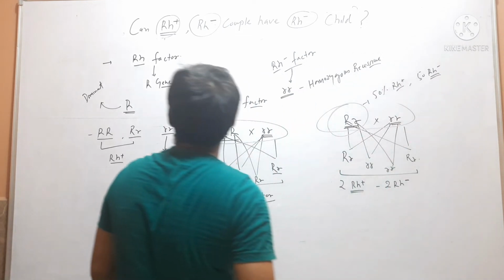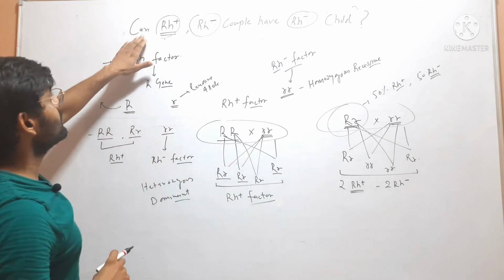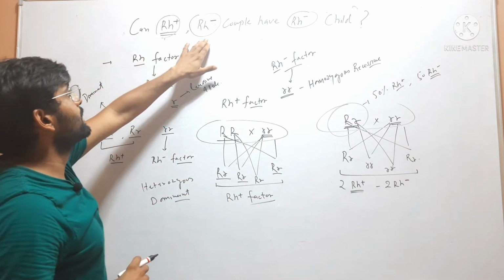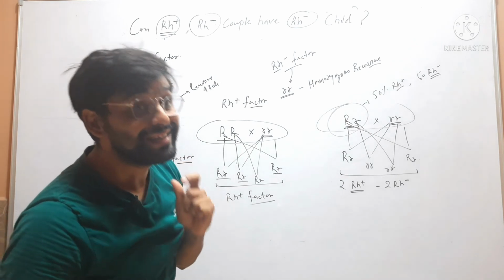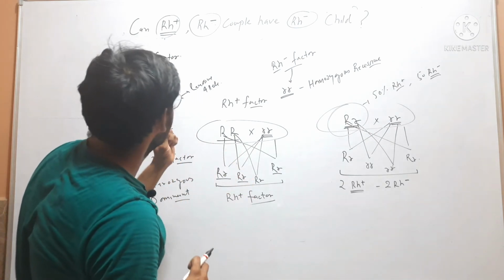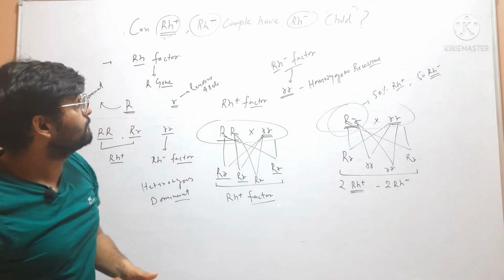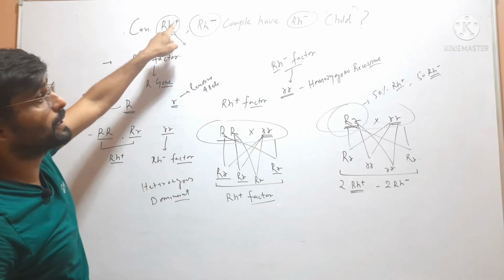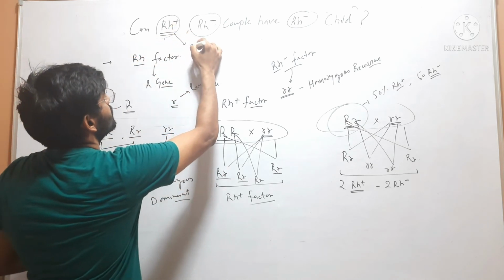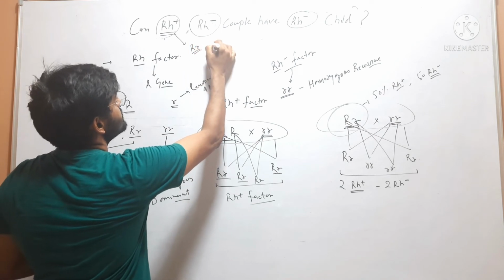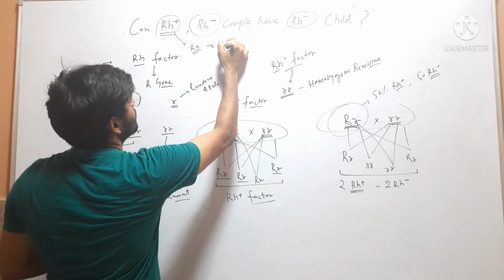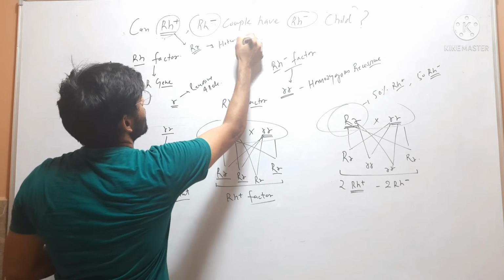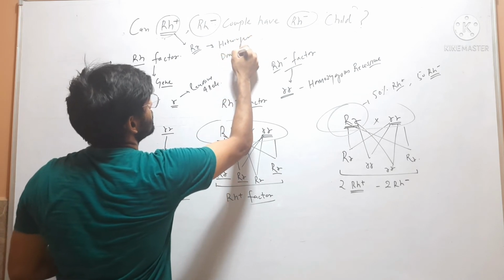So our question was, can an Rh positive, Rh negative couple have an Rh negative child? Yes, they can, but only if this person with Rh positive factor has the genotype that is heterozygous dominant.